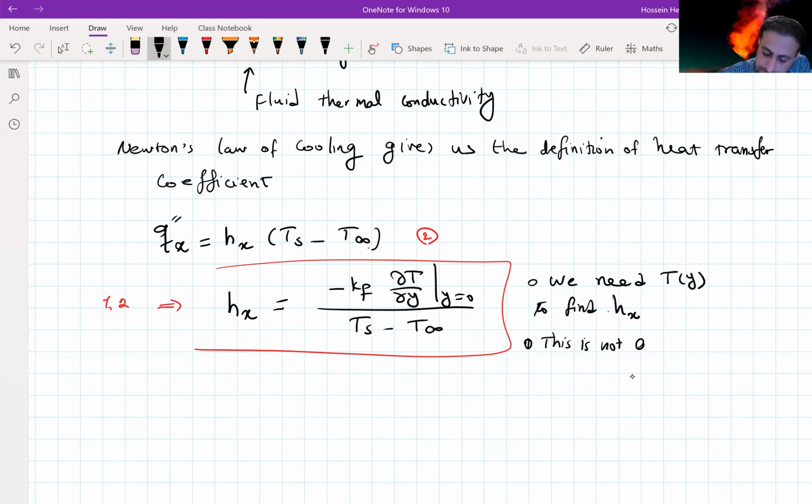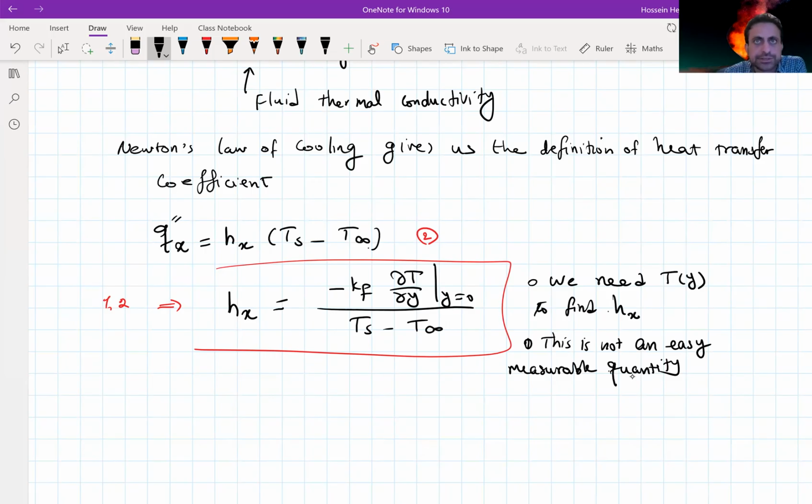So the significance of what we have shown here is that the temperature gradient at the wall is a quantity that affects h.